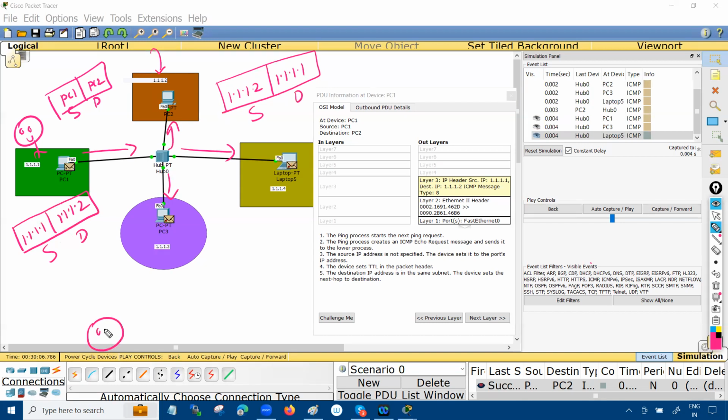Normally, when you say hello, your neighbor also will say hello, right? So when I send the request packet to this guy, he will send the reply packet to me. When the reply packet is coming, the hub is doing the broadcasting. And that's a major problem: wastage of bandwidth. Every time, this PC and this PC will receive the packet.